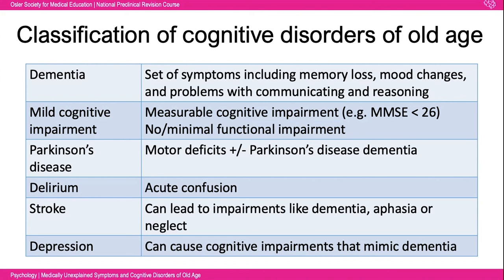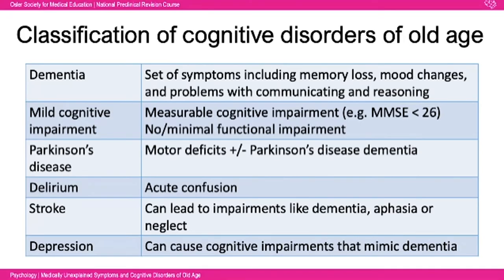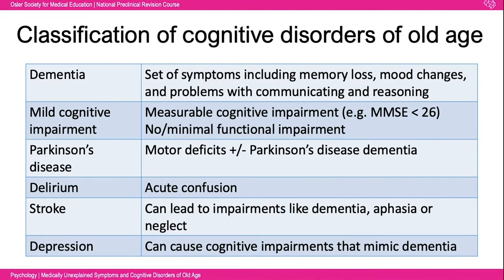Now, if everyone could go back to Socrative, we've got some questions on dementia. So firstly, which of the following forms of dementia is not characterised by aggregated protein?